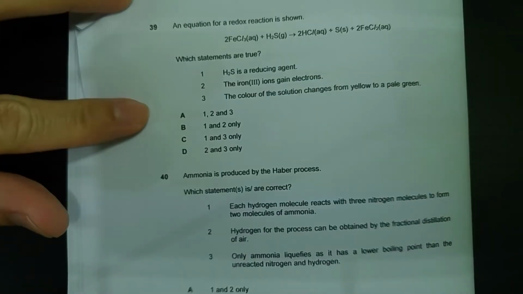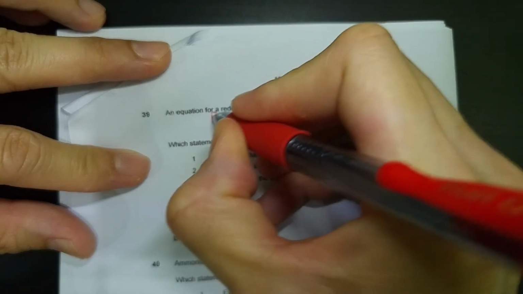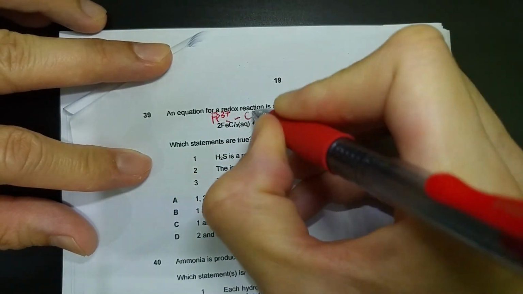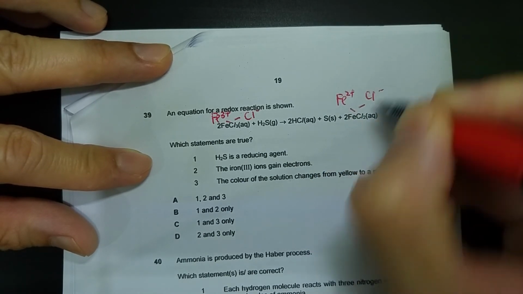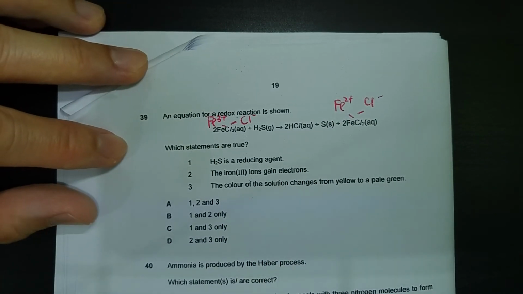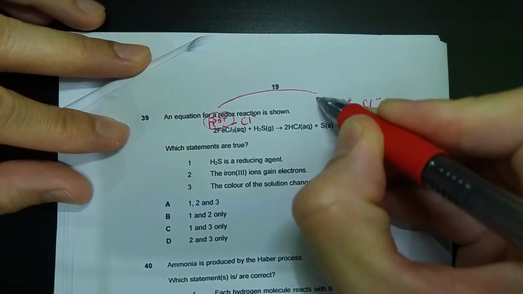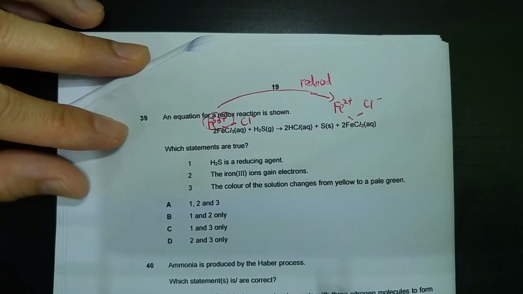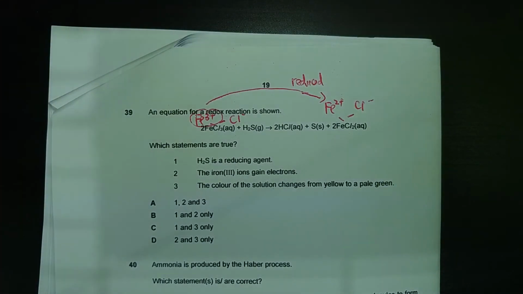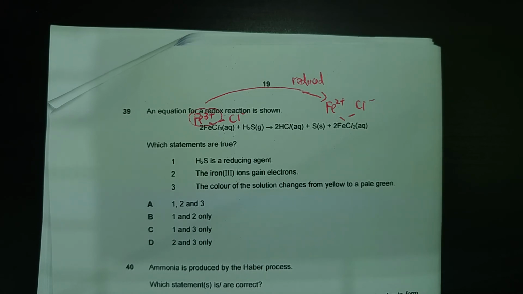Okay, next question. A redox reaction. Which statements are true? If you look at it, you can split it into Fe3 plus and Cl minus. This one you can split into Fe2 plus and Cl minus. So Fe3 plus to Fe2 plus, it's reduced. Okay, I think my red pen is running out of ink. Let me change first.